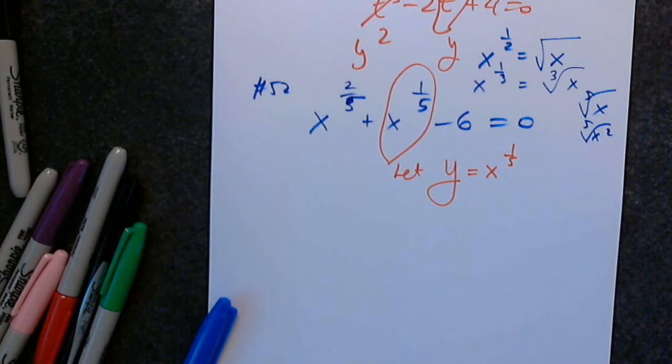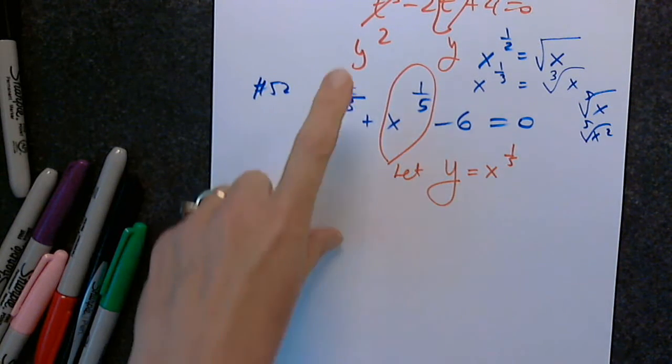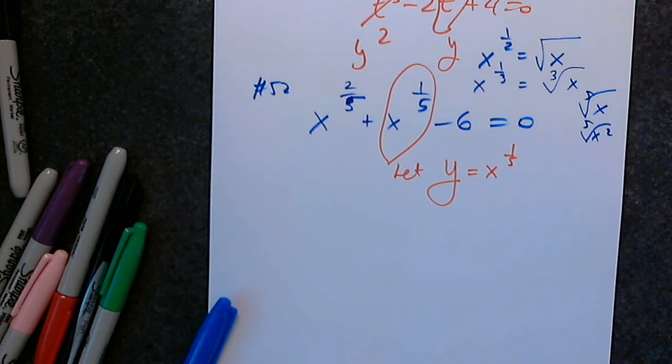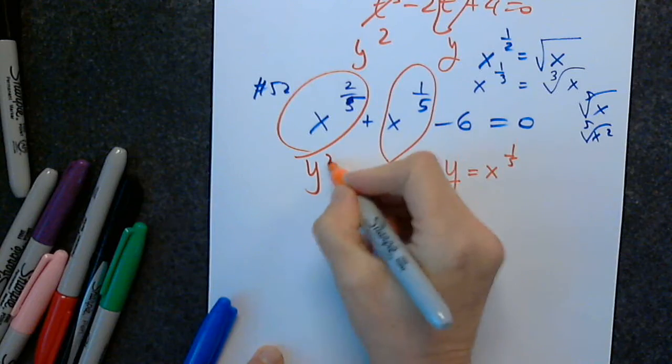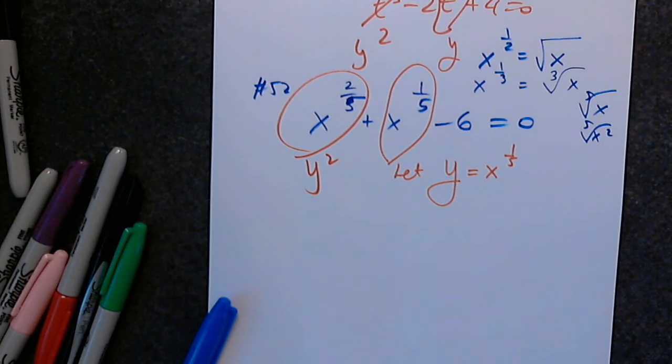But only if the first term happens to be y squared. If it's not y squared, I can't. It's not quadratic in form. Otherwise, I can't change the equation having x and y in the same equation.